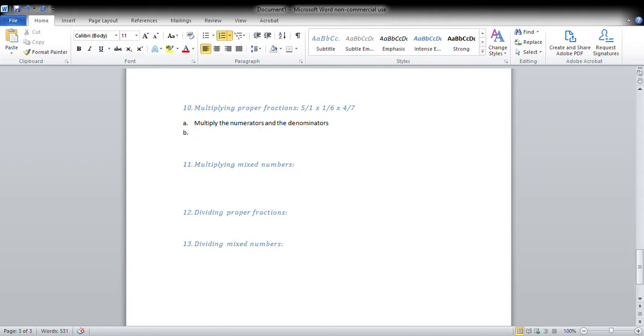And then is to reduce the answer to the lowest terms or use the cancellation method. Okay, so what do we mean by multiply the numerators and the denominators?